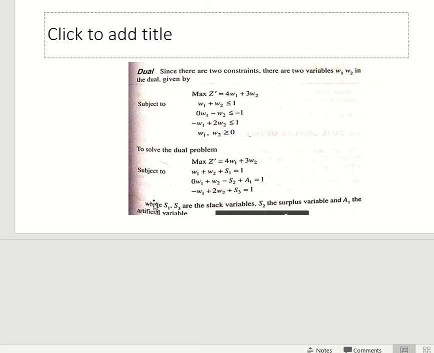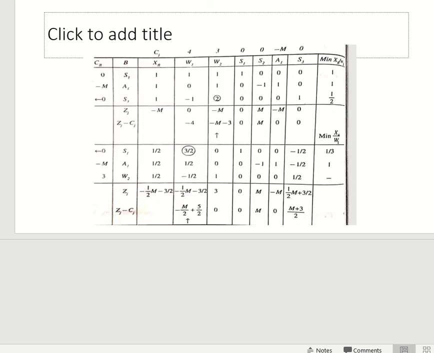This is under the big M method. We have already done it in the previous class. Now first let us concentrate on this table. First we have to choose Cj. Cj means the coefficients of w1, w2, s1, s2 and the artificial variable, whatever we have taken.